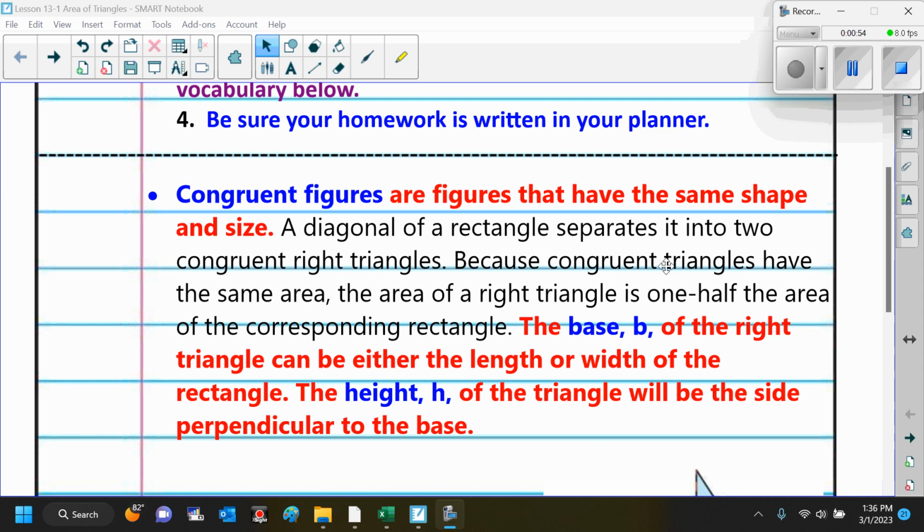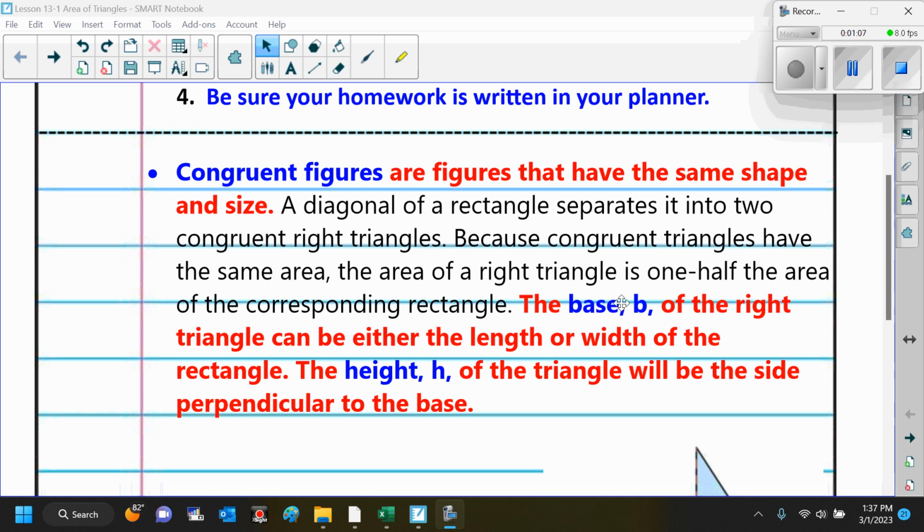Because congruent triangles have the same area, the area of a right triangle is 1/2 the area of the corresponding rectangle, okay? So it says here that the base, B, of the right triangle can be either the length or the width of the rectangle.